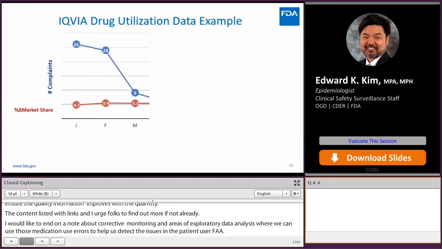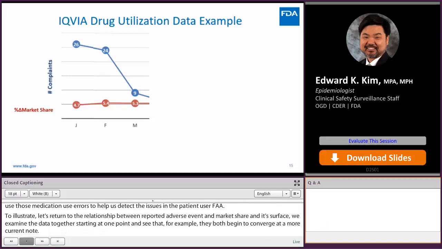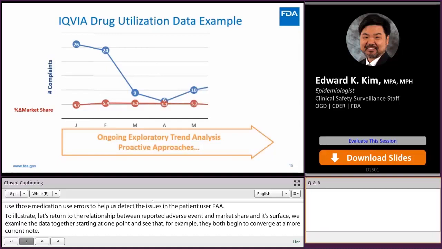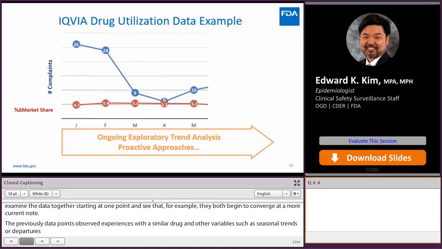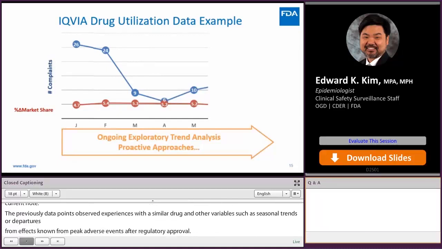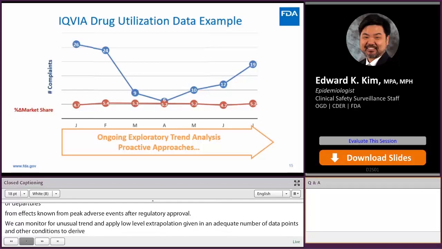With previously collected data points, observed experiences with related or similar drugs, and other variables such as seasonal trends or departures from known effects related to peak adverse event reporting after regulatory approval and sources of bias, we can monitor for unusual trends and apply low-level extrapolation, given an adequate number of data points and other conditions, to derive thresholds for signal detection across groups of drugs and identify patterns of abnormality given past observations to conduct, or at minimum flag for, exploratory analysis.